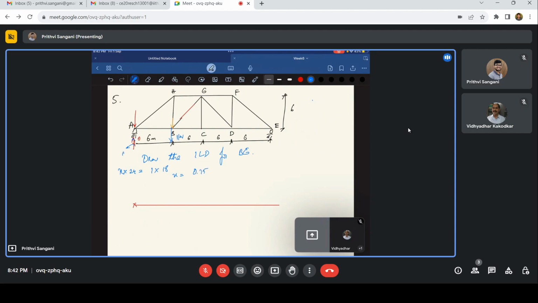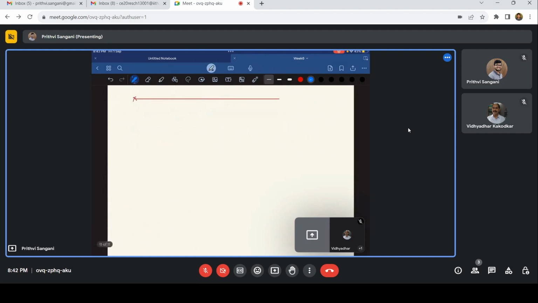So this turns out to be 0.75. And if that is 0.75, let me use the method of sections. So let me draw it. We have something like this.